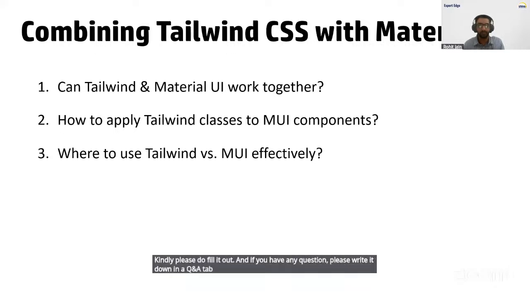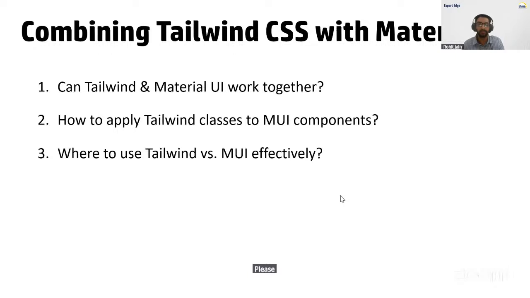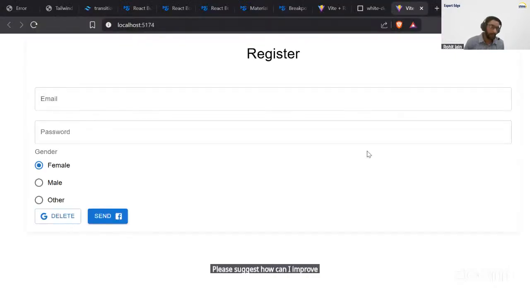Rohit, we have a question from LinkedIn. Ritika is asking, please suggest how can I improve my designing skills? First of all, work with Vanilla CSS. Vanilla CSS is the plain CSS.